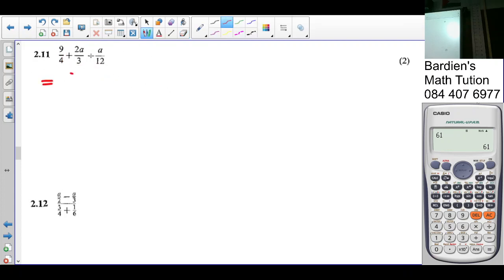Binomial. So 9 over 4 plus, that changes to 12 over 8. Now what? Cancel this. 3 goes into 3 once, 3 goes into 12 four times. The a's will also cancel. Not so? That is very simple.